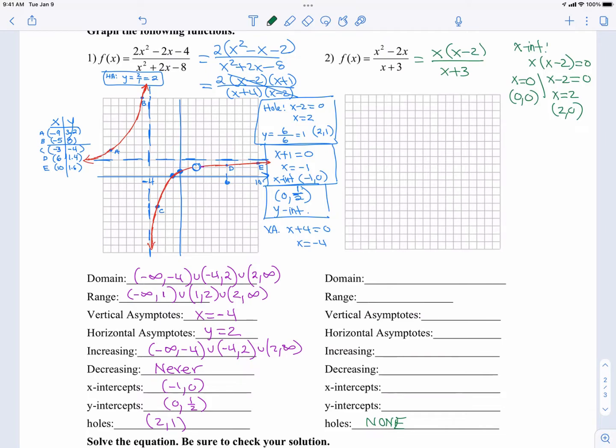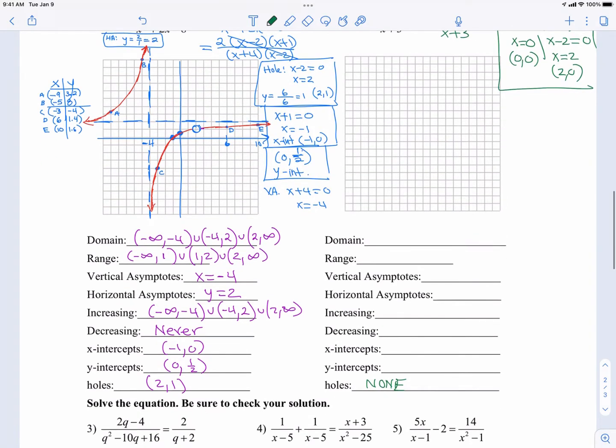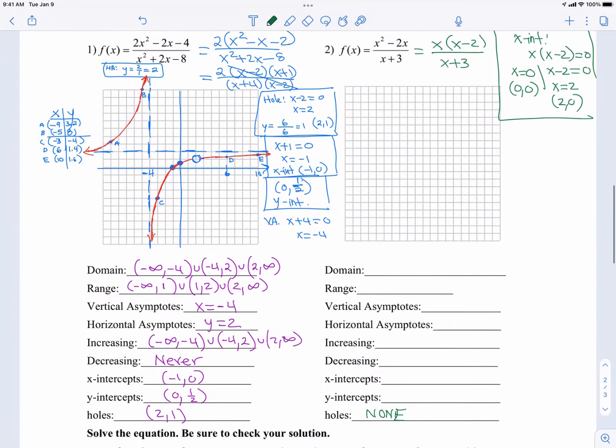All right, so your x-intercepts are 0, 0, and 2, 0, and let's go ahead and put that on the line, and let's go ahead and graph this as well. All right, x-axis there, a point at 0, 0, and another point at 2, 0. All right, so those are your x-intercepts.